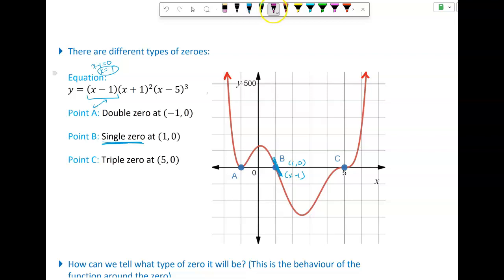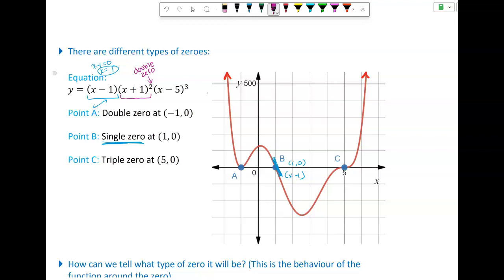But now we have different scenarios, where we have x plus 1 to the exponent of 2. Because of the exponent of 2, this is called a double zero. If you were to solve it, there are actually 2 brackets of this, so there are 2 times it hits that value.